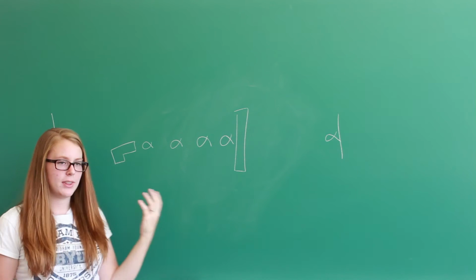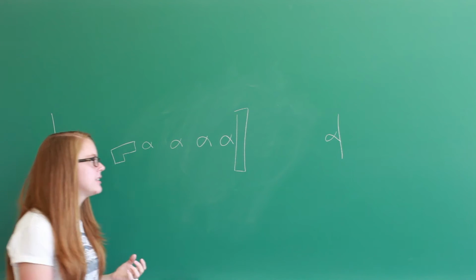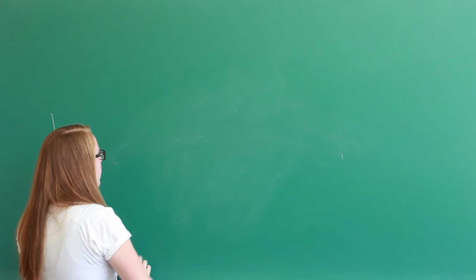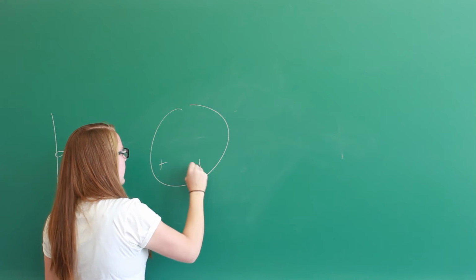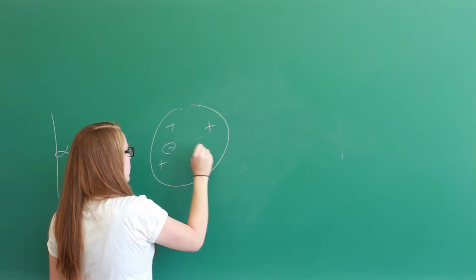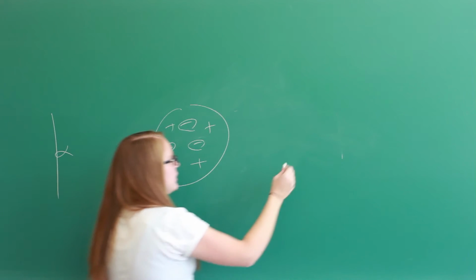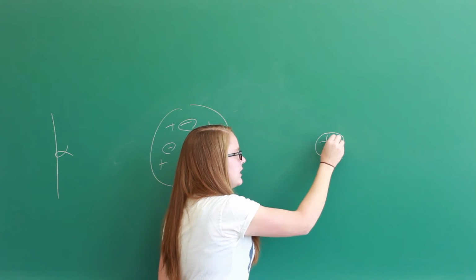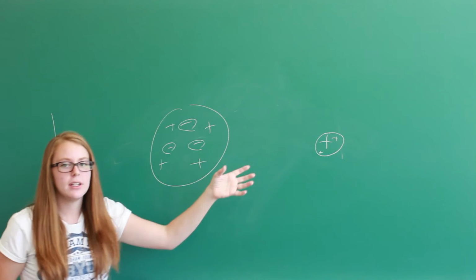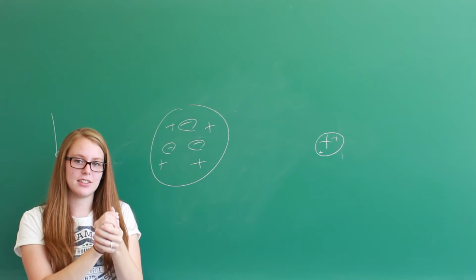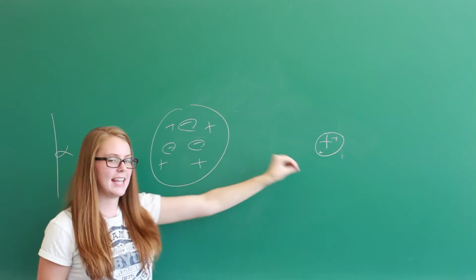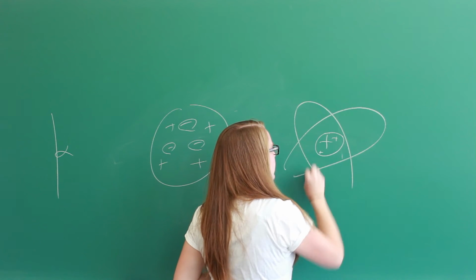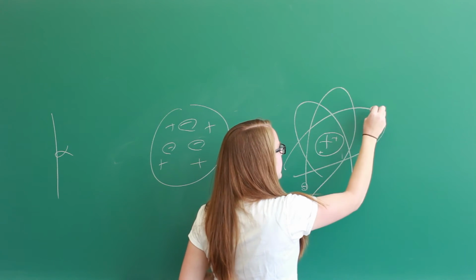So what they discovered was that instead of the positive charge with the plum pudding model being all throughout it like this, they determined that it has to be all concentrated in one nucleus. That would allow it to have a dense enough concentration of charge for the alpha particle to hit it and bounce back. And the electrons would be orbiting around the nucleus.